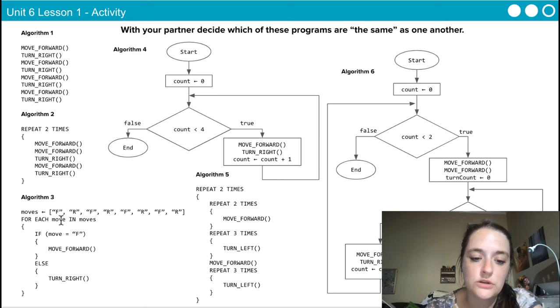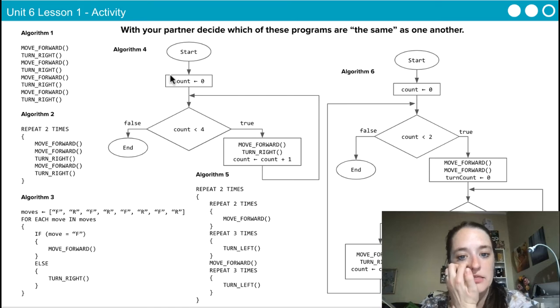It's going to run through this 8 times. If move equals F, move forward. Then it goes back. If move equals F, it doesn't, it equals R, so else turn right. So algorithm 3 is the same as algorithm 1.